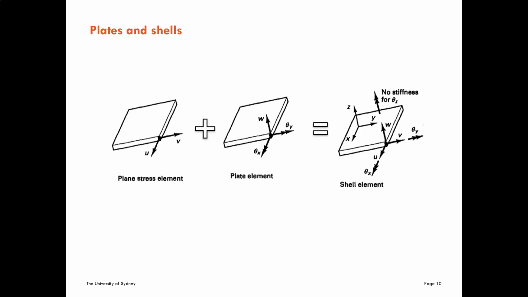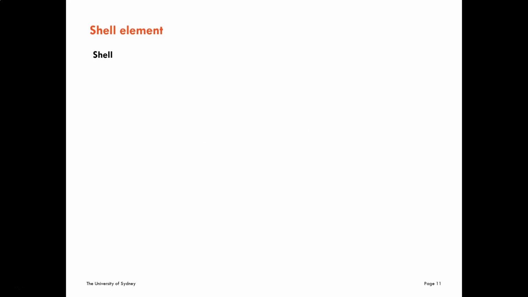This shell element in every point is going to have 5 degrees of freedom, 3 translational degrees of freedom, and 2 rotational degrees of freedom. So you can see here that the rotation along the deflection, which in the beam corresponds to torsion, doesn't appear here. This degree of freedom is often called the drilling degree of freedom, but it's a spurious degree of freedom with no meaning here. So it's 5 degrees of freedom.